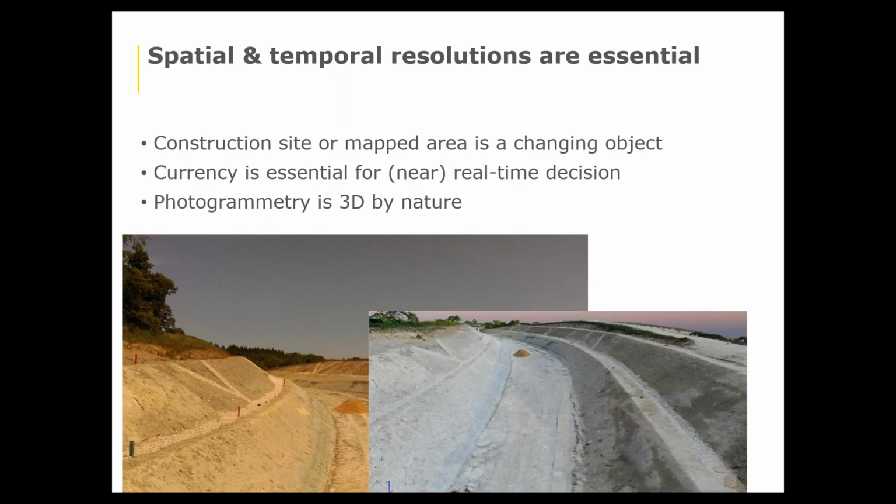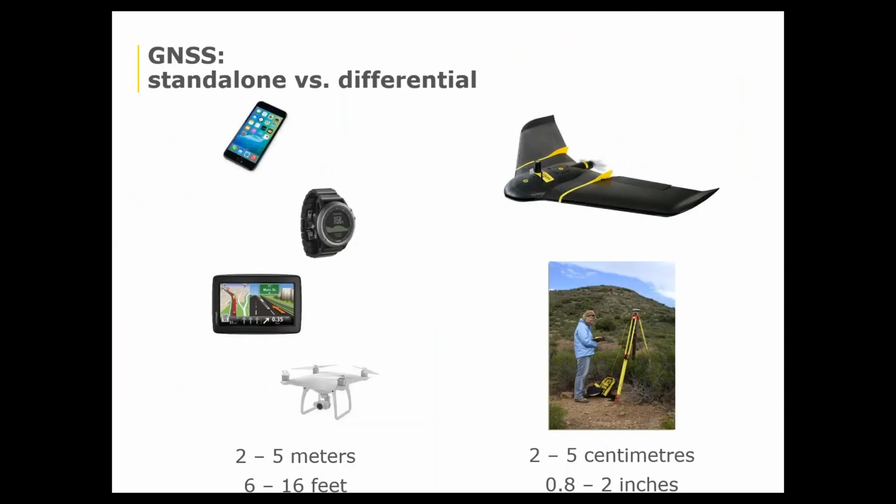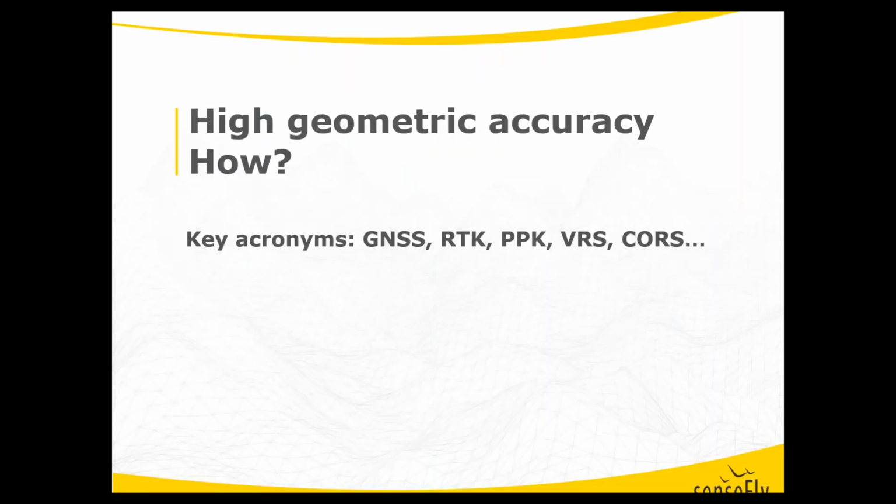I just put next to this real picture the 3D model of this area, and in this model, you can make measurements. Be it volumes, distances, surfaces that are 3D, and they are current because the acquisition has been done just a few days or a few weeks ago. Oops, sorry, it was a little quick.